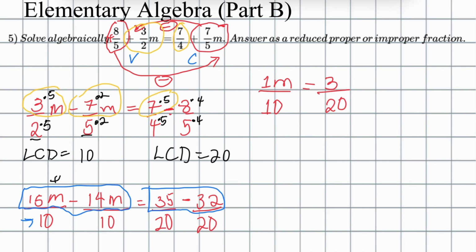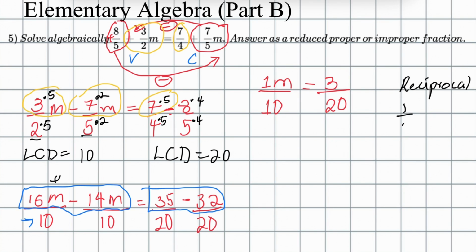So the method that I like to use here is using the reciprocal, right? When we use the reciprocal of this value, we can get m by itself, because remember that we're searching for the value of m. And when we get the reciprocal, it sort of means the opposite of this value.